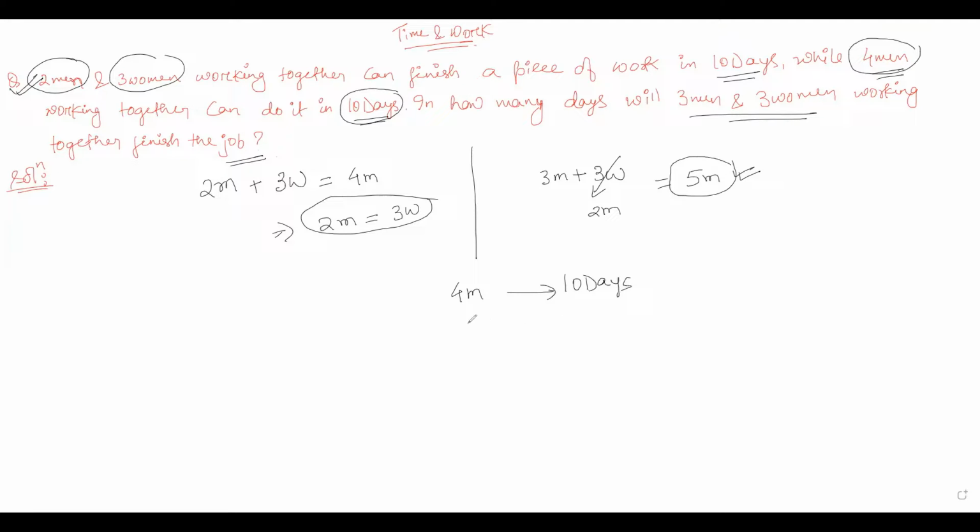So we can say that 1 times the efficiency of men would be taking 4 into 10, that is 40 days to complete the work. In a similar way, 5 times the efficiency of men would be taking 40 by 5, that is 8 days to complete this piece of work. So in such kind of problems, simply we need to find the ratio of the efficiency of men and women, and we can solve the question very easily.